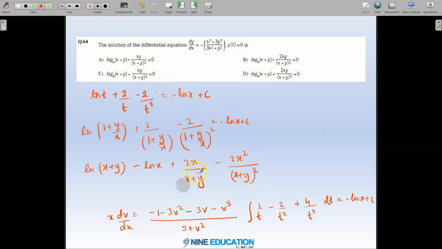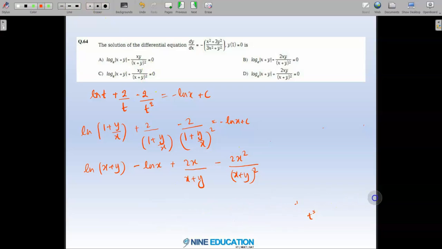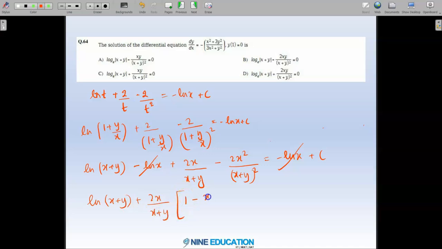So if you observe, on the right hand side also we are having minus ln x, so that minus ln x will get cancelled with the left side minus ln x. So these terms are getting cancelled, and we are left with ln (x plus y), and I will take this 2x by (x plus y) common, so we are left with 1 minus x by (x plus y).